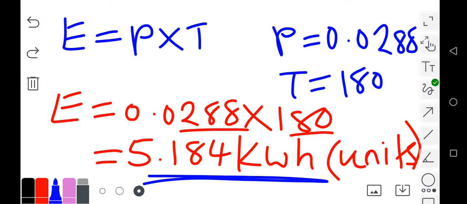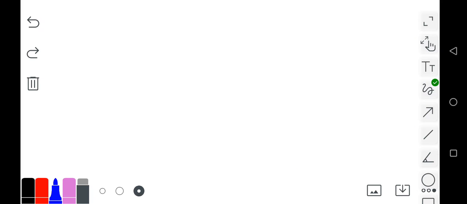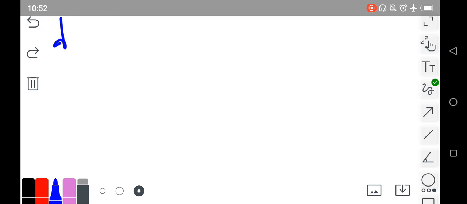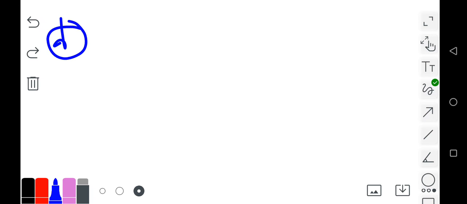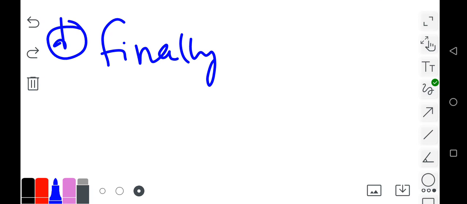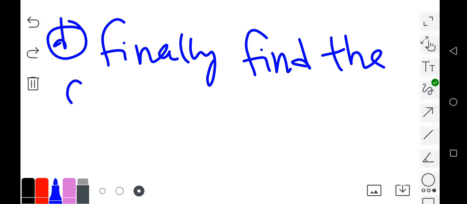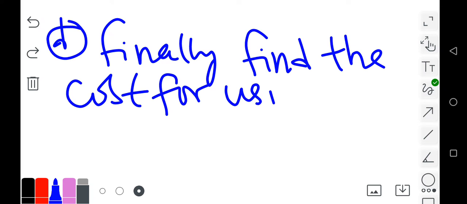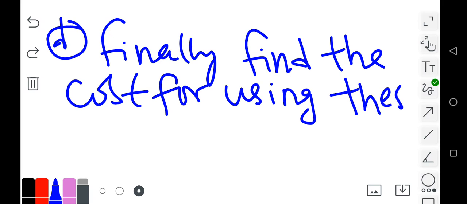Now after you find the energy, the last step, which is D, finally, find the cost for using these units.